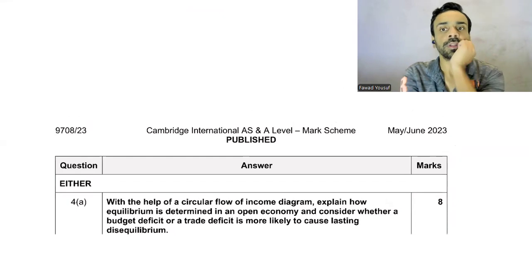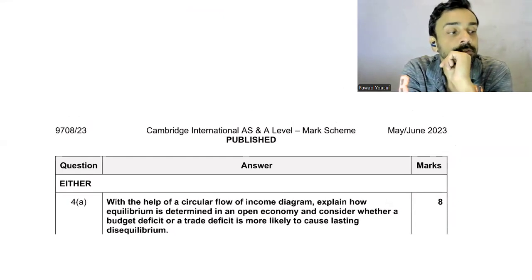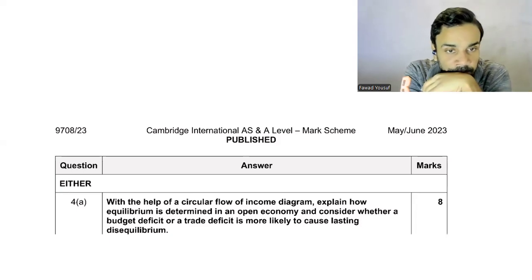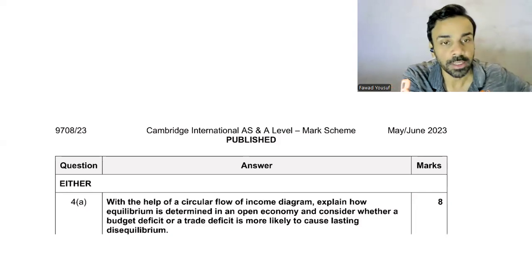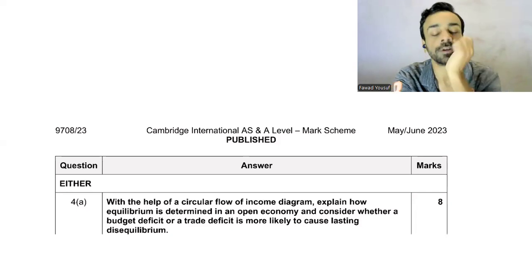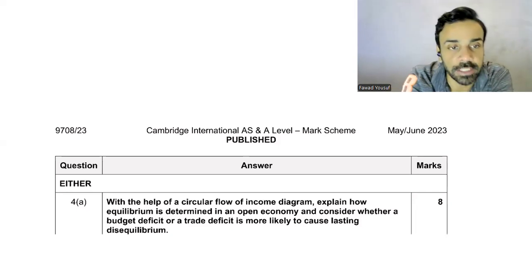So this is a question, June 23, variant 23. So this was one of the first questions that came when this topic was included. And I think the question was pretty heavy in my opinion. But I like this question. It's a very nice and thorough question in terms of what it entails collectively.